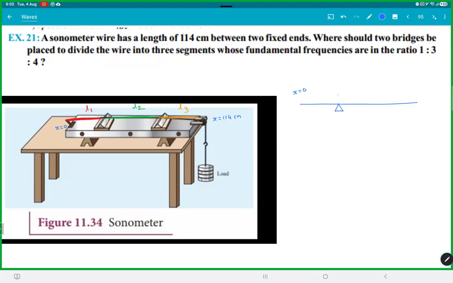The bridge will be somewhere here, let's call it B1. Another bridge somewhere here, let's call it B2. And this is x equal to 114. He's saying the frequency is 1 is to 3 is to 4, which is indirectly asking you to find the length of each segment. It's a good one.